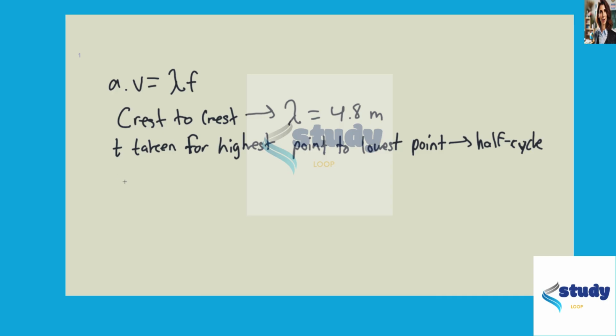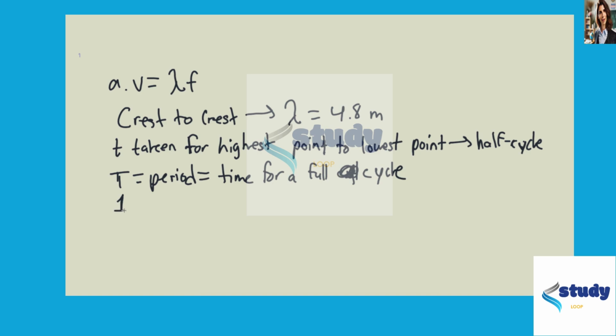And a half cycle, if one were to say that t equals period, and this is going to be the time for a full cycle, one can say that this half cycle is taking 2.5 seconds.